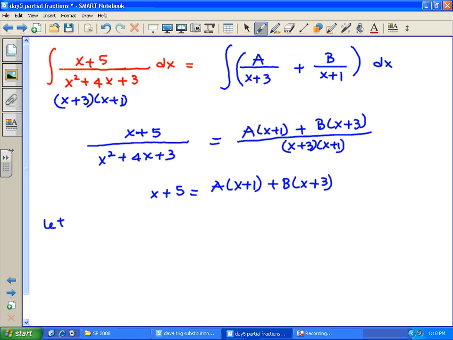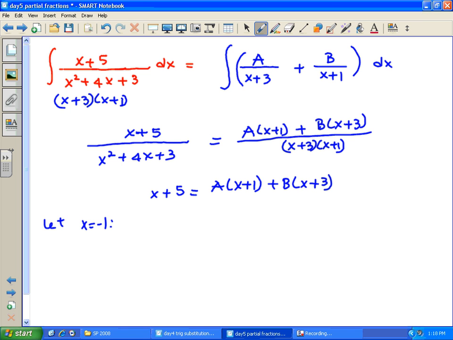Okay. Our job is to find a and b. Here's a little trick. You make x something so that the first part would disappear, would become 0. What should we select x to be so that this whole thing becomes 0? x equals negative 1. So let x be equal to negative 1. And here's what we get. Plug in negative 1 everywhere.